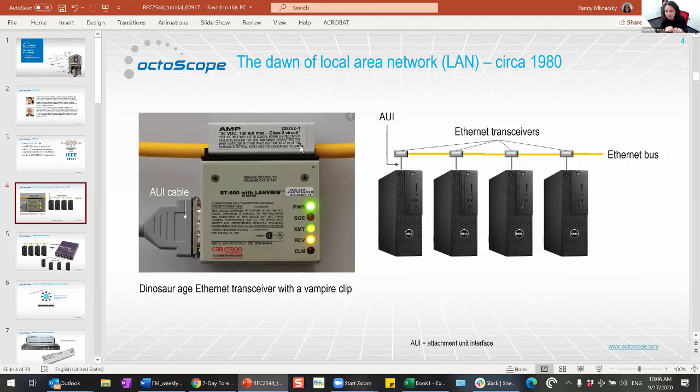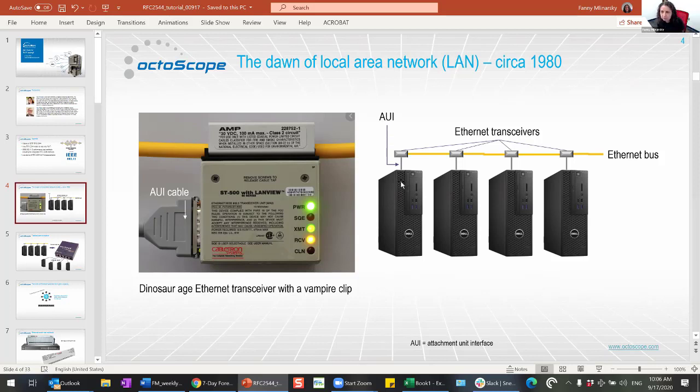You actually pierced the cable. There was a lead going into the center conductor to pick up Ethernet. It truly was a bus, just like this, a very primitive bus. And you had a transceiver connected to it. Now, the AUI cable here, attachment unit interface, that went into your computer. And so that's what I had. That was my first network.